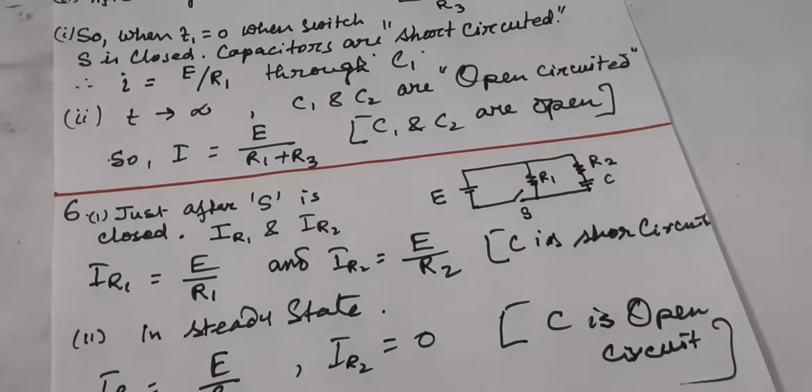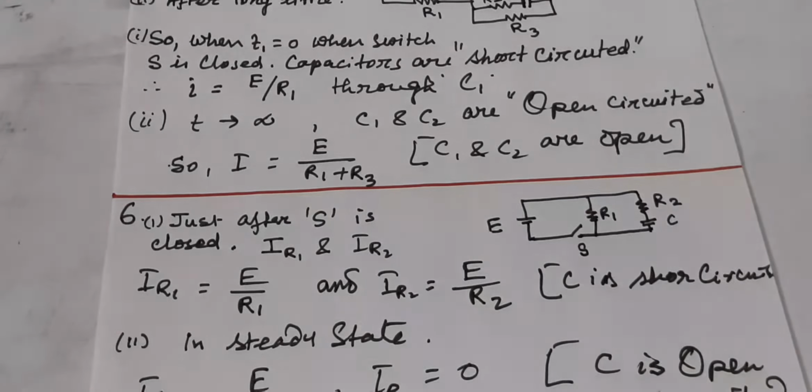When switch S is closed, the current through R1 resistance will be E divided by R1, because the potential drop across both resistors will be the same.